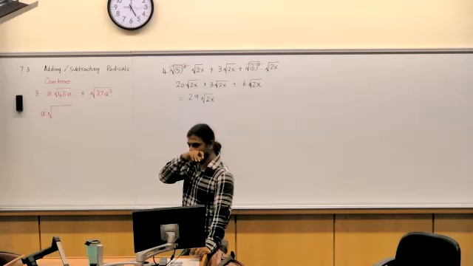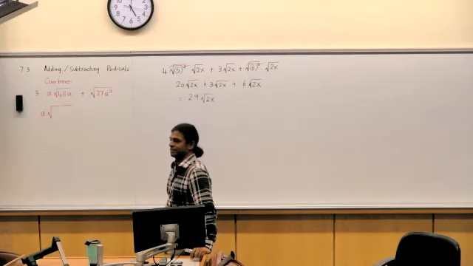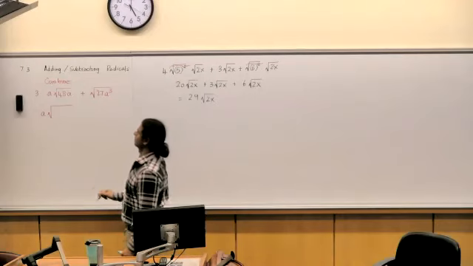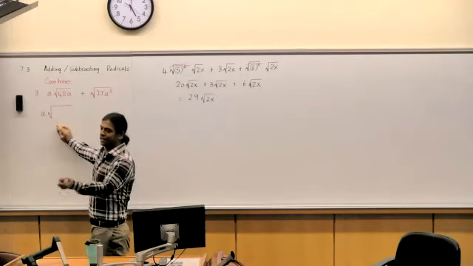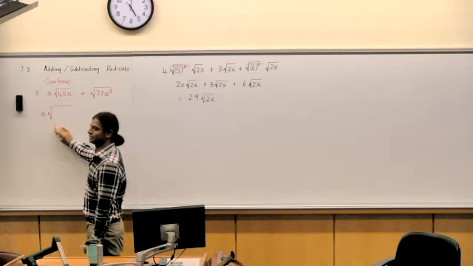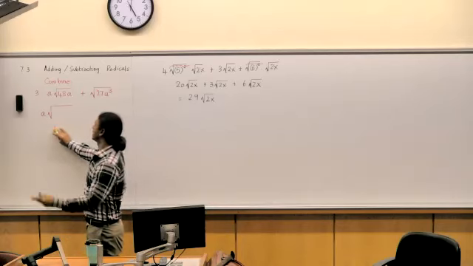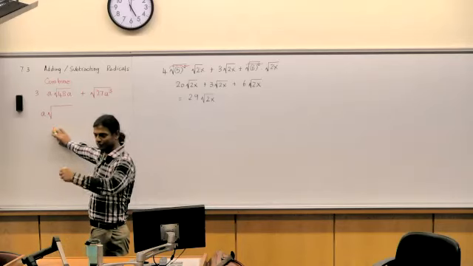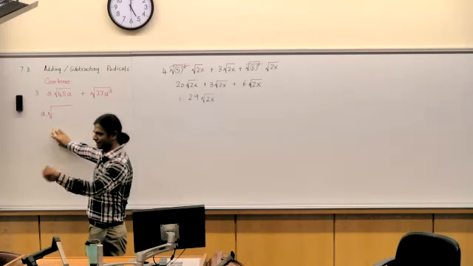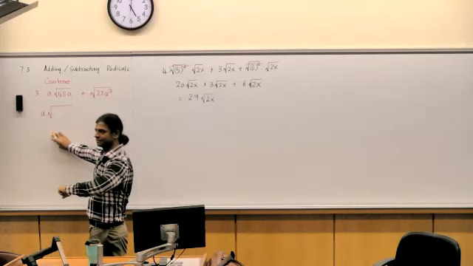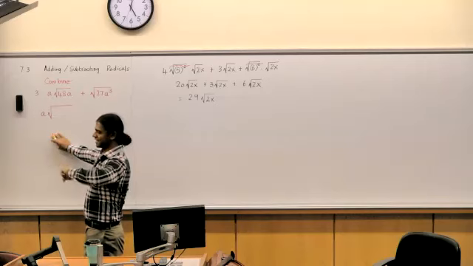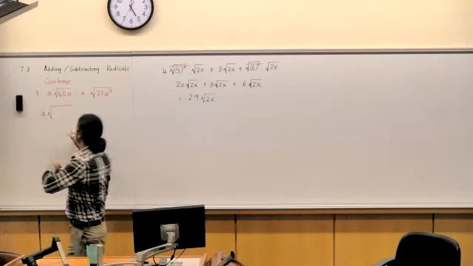What are the two numbers? Could it be 12 times 4? 12 times 4 is 48, but does it have a perfect square? No. How about 16 times 3? Yes.